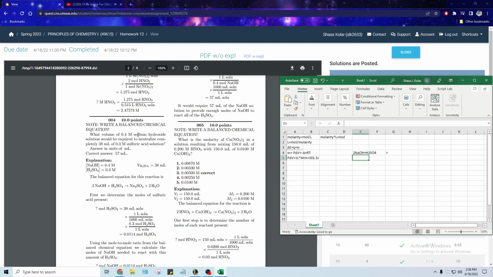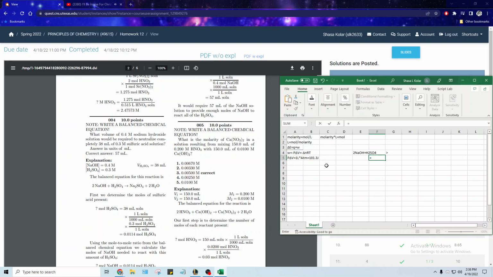So it gives us the molarity of sodium hydroxide. It wants to know what volume of this concentration we need. So it tells us how much sulfuric acid we put in. We can go ahead and calculate that. So this is liters and molarity. We multiply them together.